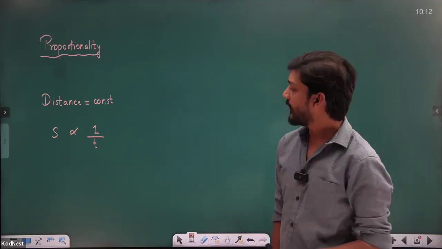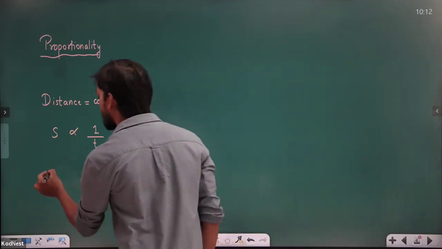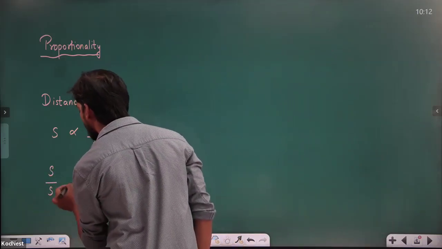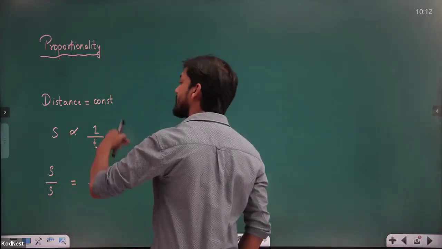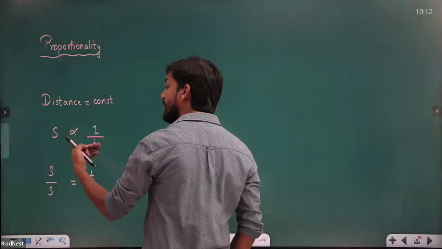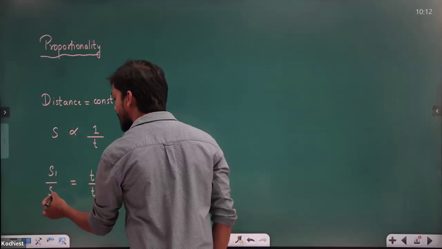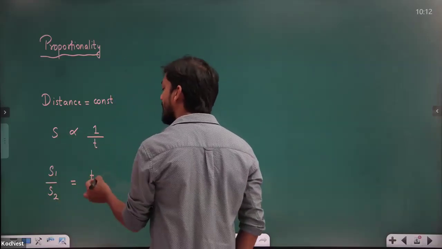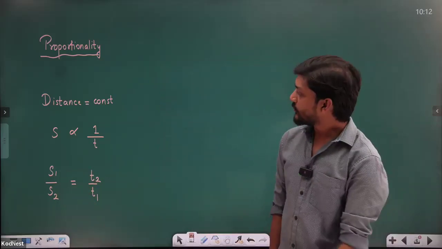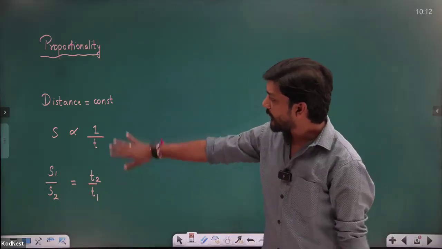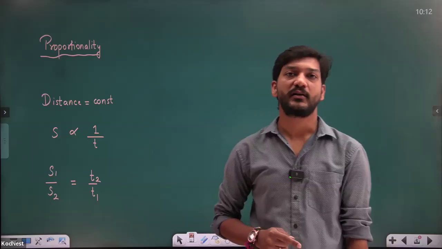Inversely, how you will write is write S by S and write T by T. But since it is an inverse relation, write the opposite number. So write 1 and 2 on the left side and write the opposite, 2 and 1, on the right side. So this is what we can apply if distance is constant.